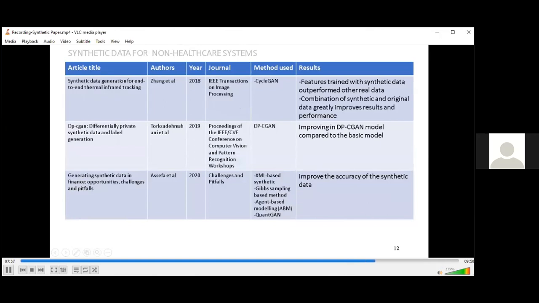This was about generating synthetic data in finance: opportunities, challenges and pitfalls. They used XML-based synthetic data, a Gibbs sampling-based method, agent-based modeling, ABM, and QuantGAN. The results were improved accuracy of synthetic data.